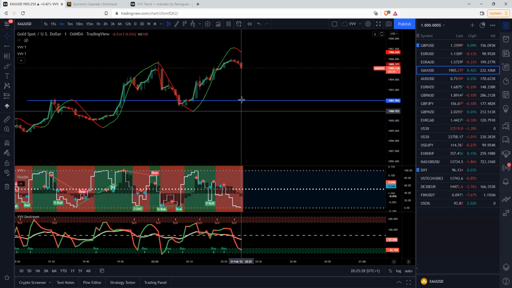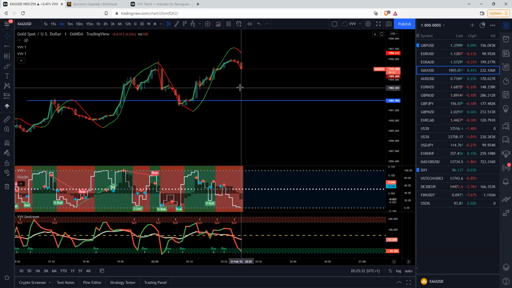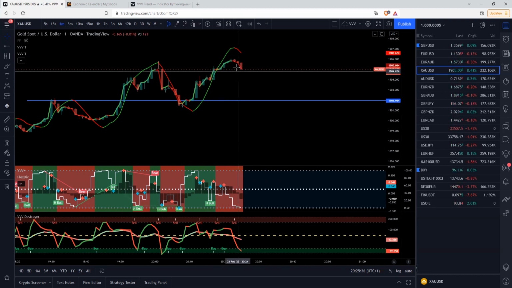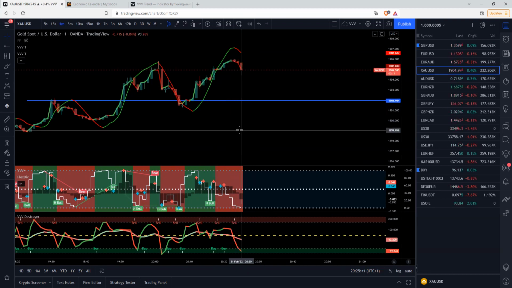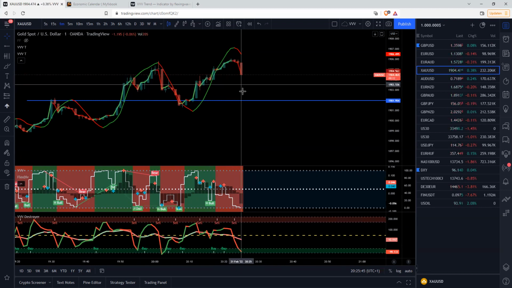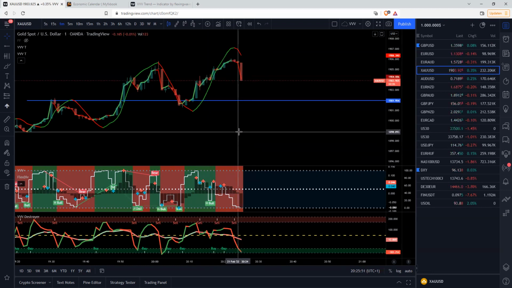I was backtesting this in the previous days, and it's pretty impressive how this works with all the colors. So when at least 4 colors matching with each other, then we're gonna be able to trade actually.